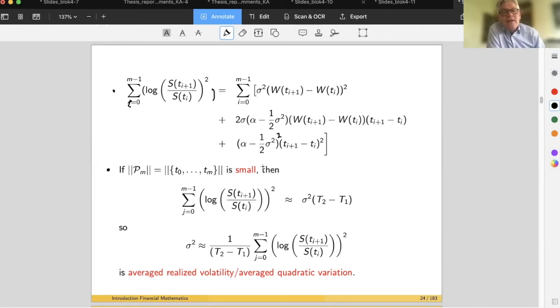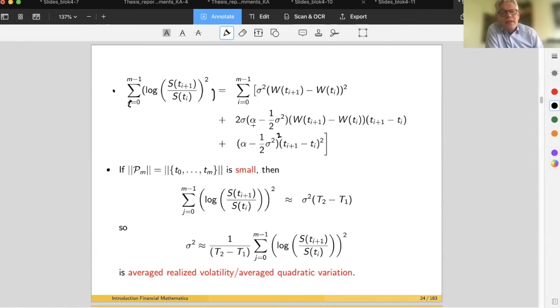And then if we take the limit for the mesh width going to 0 and the number of points to infinity, we will see that this first one goes with dW squared, and that is equal to the length of the time interval. So that is T2 minus T1.